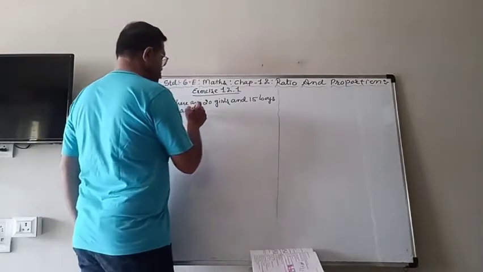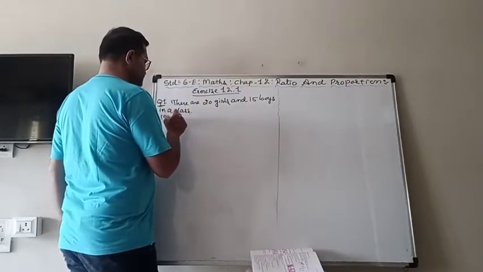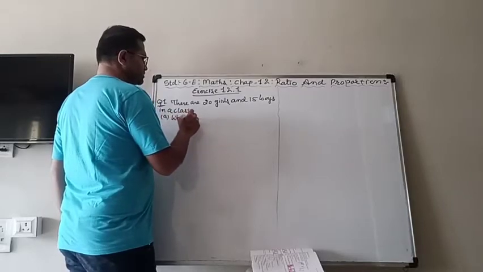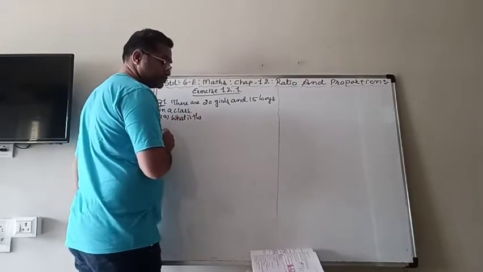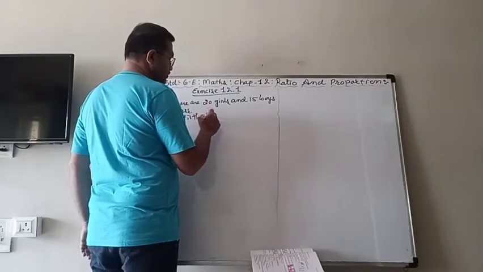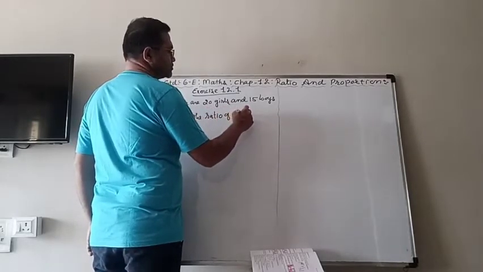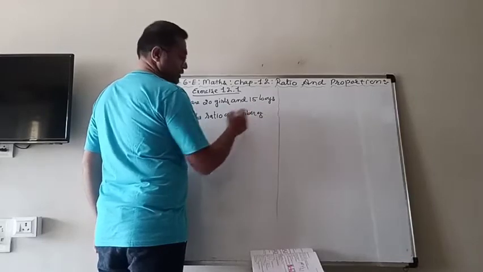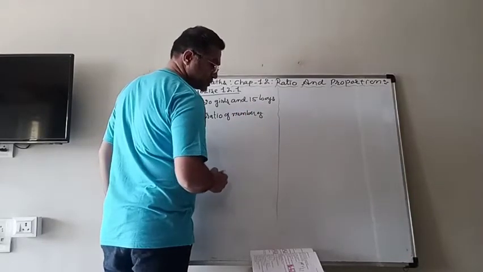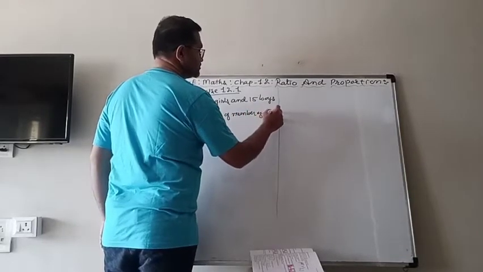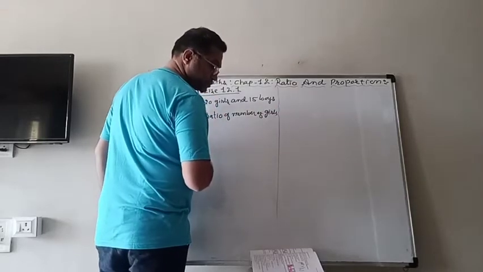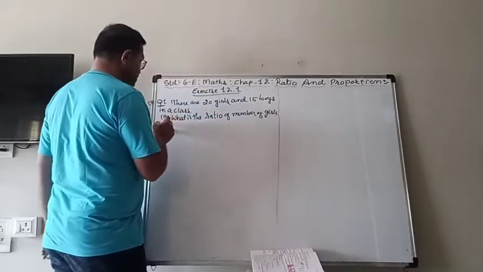Now we have to find two things. First, A. What is the ratio of the number of girls to the number of boys?